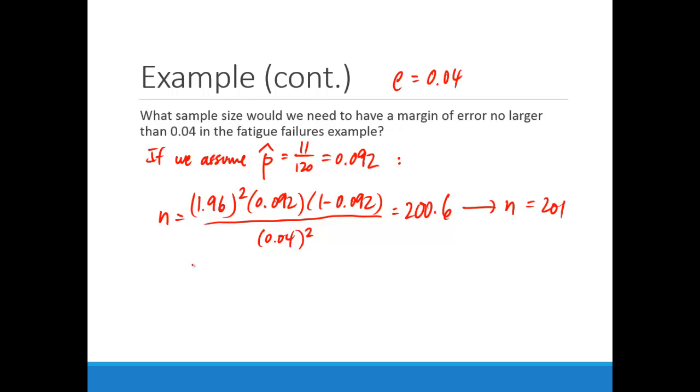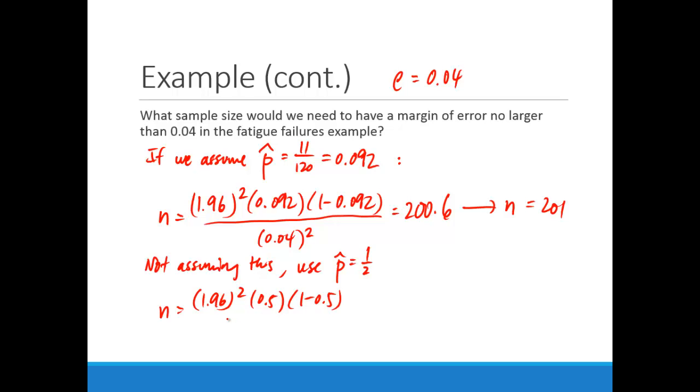If we don't assume that, we'll instead just use p hat equals 1/2, and then our sample size, again, same critical value there. So I just do that same calculation again, not assuming I know any information about p hat here.